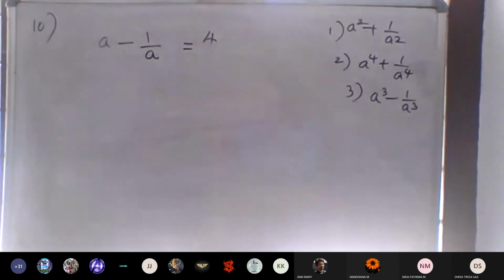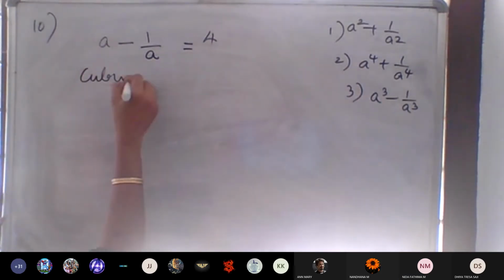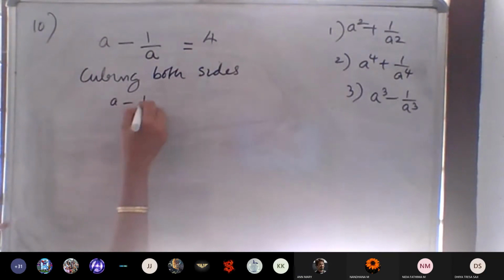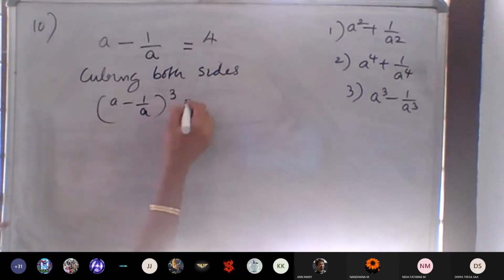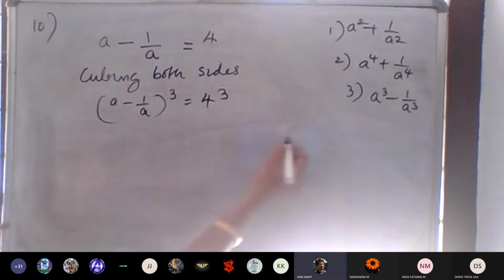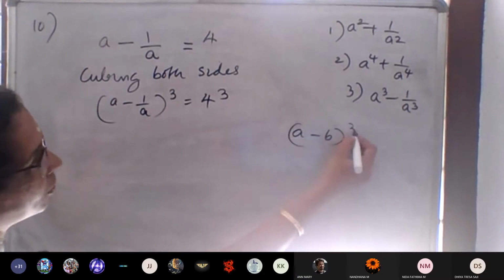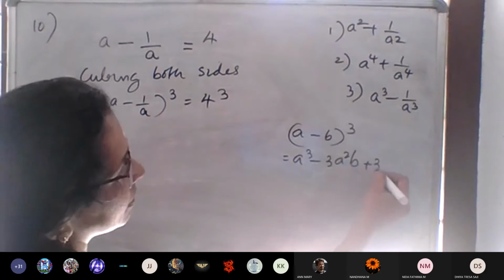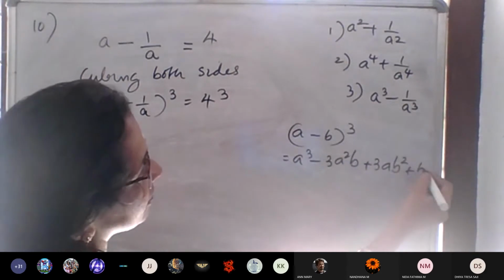How can we find a cube minus 1 by a cube? Cubing both sides. Very good. So a minus 1 by a the whole cube is equal to 4 cube. This is in the form of a minus b the whole cube, that is a cube minus 3a square b plus 3ab square minus b cube.